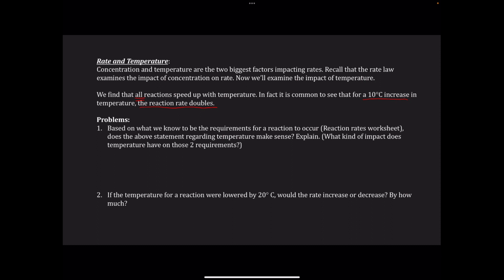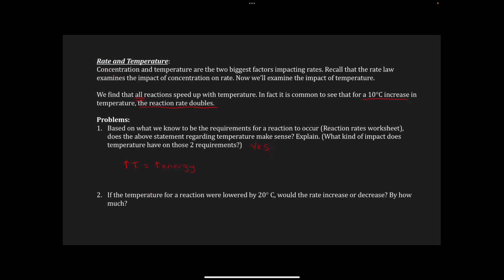So remember our two requirements for reaction rates. Our particles had to collide, and they had to collide with enough energy in order to break original bonds. Hopefully this statement makes sense. If we are increasing temperature, that is increasing the kinetic energy of our particles.